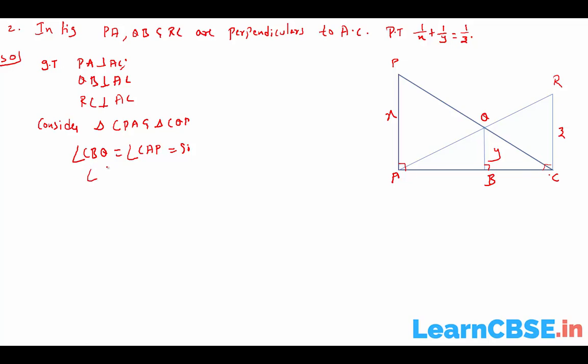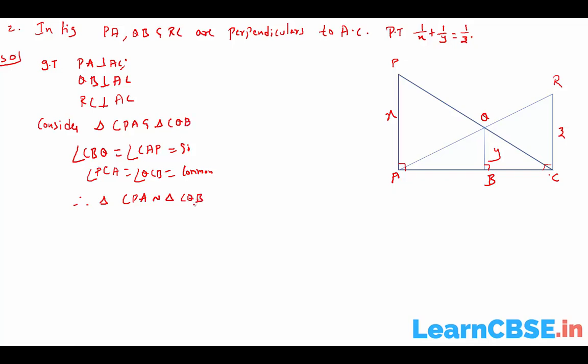Angle C is common here, angle PCA equals angle QCB, common angle for both. Therefore triangle CPA is similar to triangle CQB.